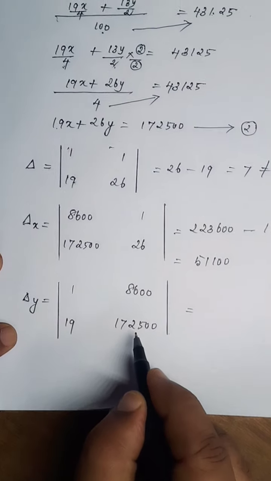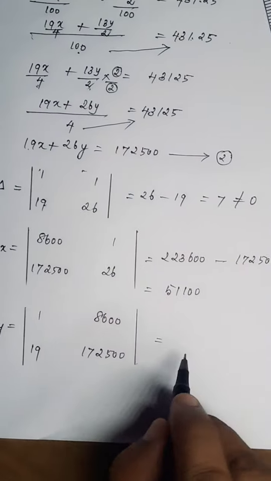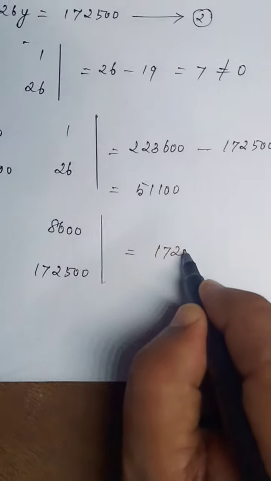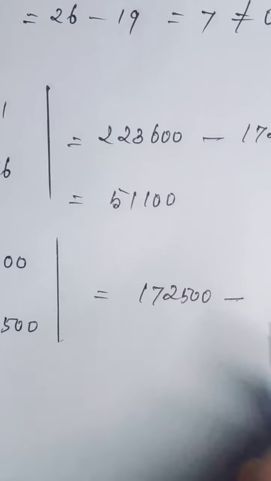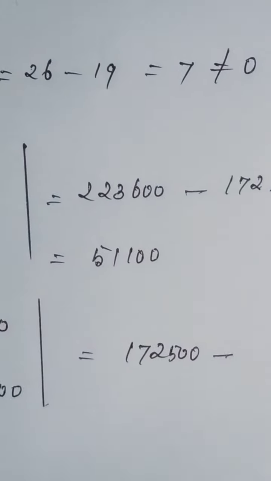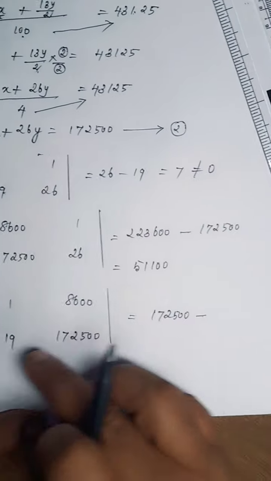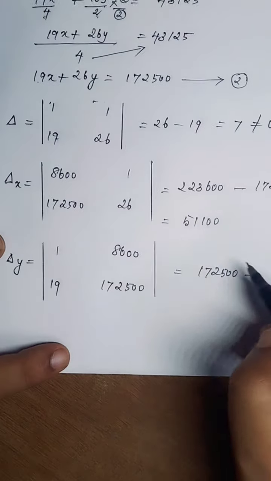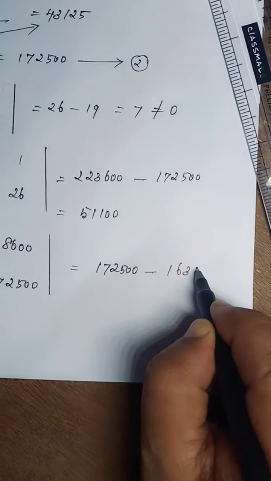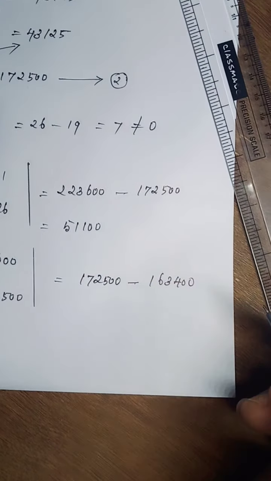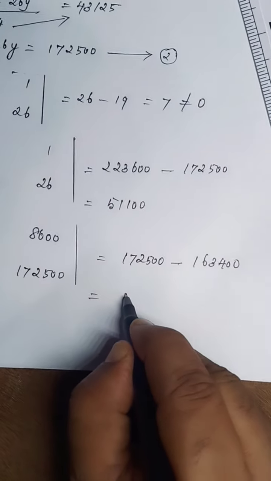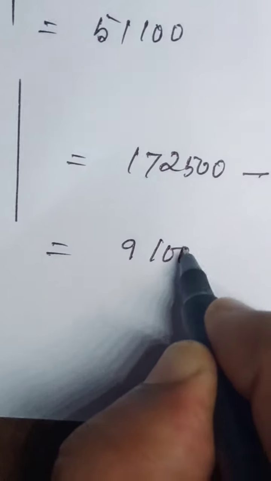Have to cross multiply. If you cross multiply, you will be getting 1,72,500 minus 8,600 into 19, that is equal to 1,63,400. So if you subtract, you will be getting 9,100.